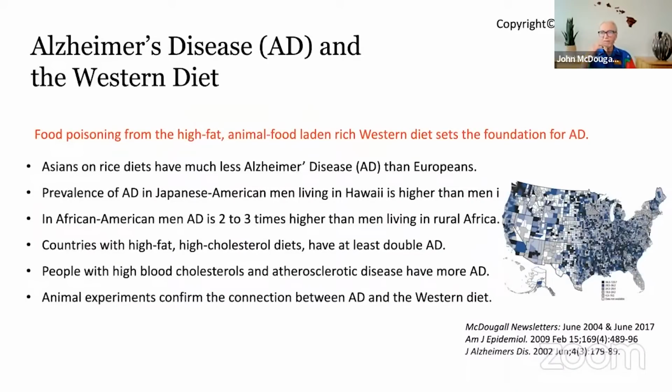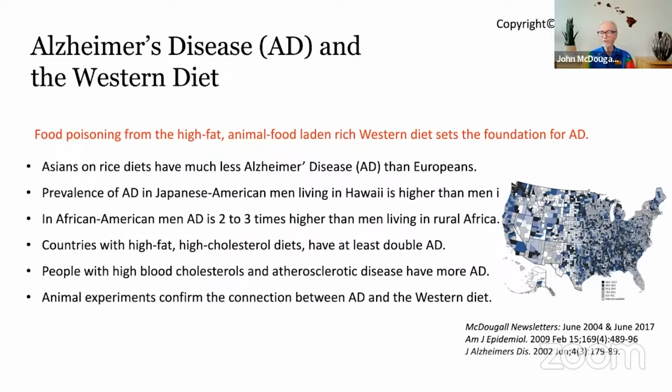All right, Alzheimer's disease. Let's take a look at some of the evidence. I've told you a bit about this, but let's review it a little bit. As far as the connection to the Western diet, what we find is Asians have many fewer cases of Alzheimer's disease compared to Europeans.